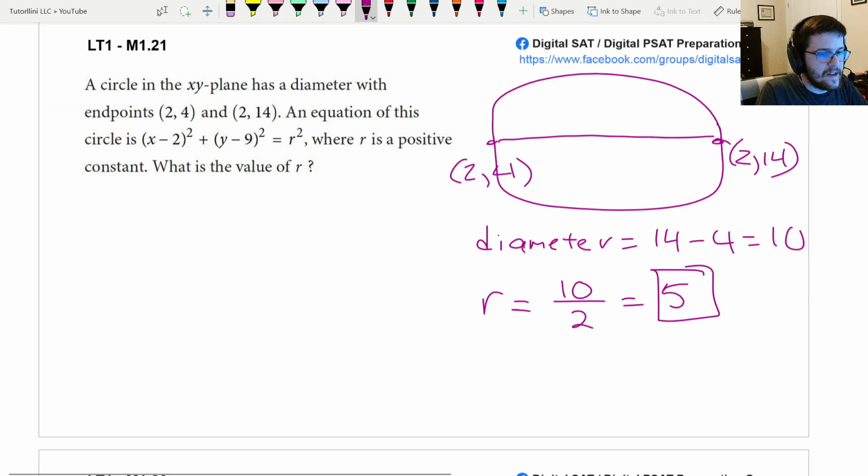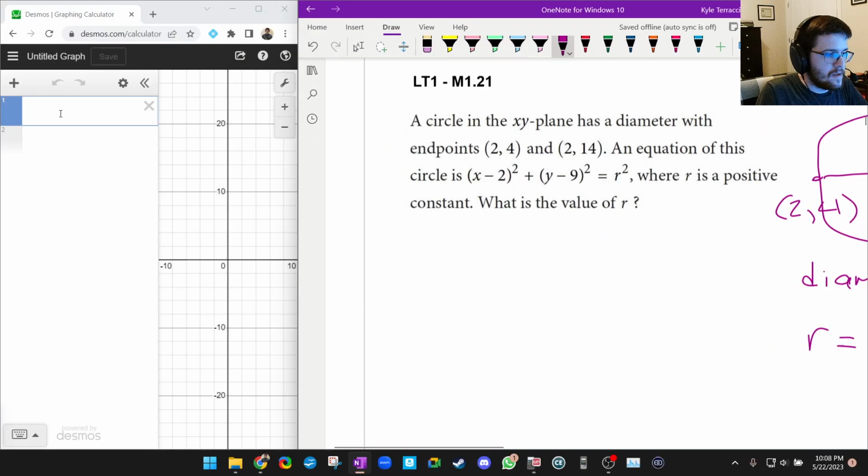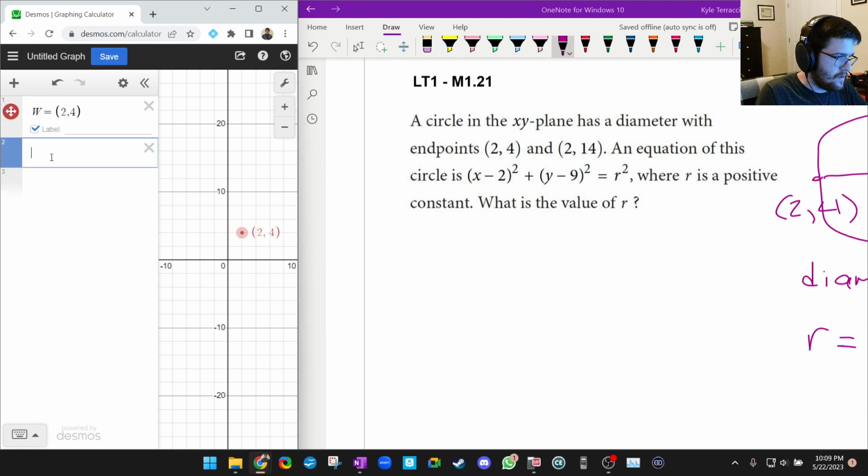If you want, you can verify this stuff for yourself by doing, why don't I call this west, and then east, oops, I was wrong. 2, 4 is south, and this guy is north. Doesn't matter. All right, great.